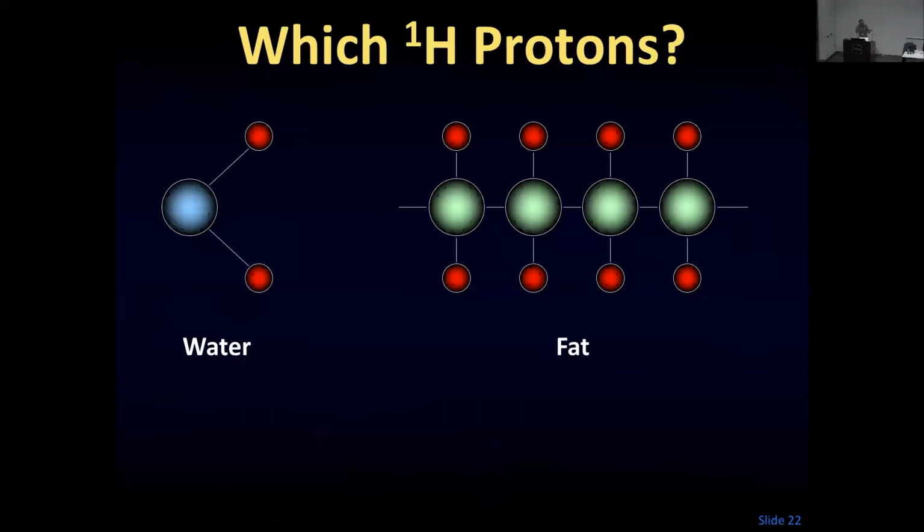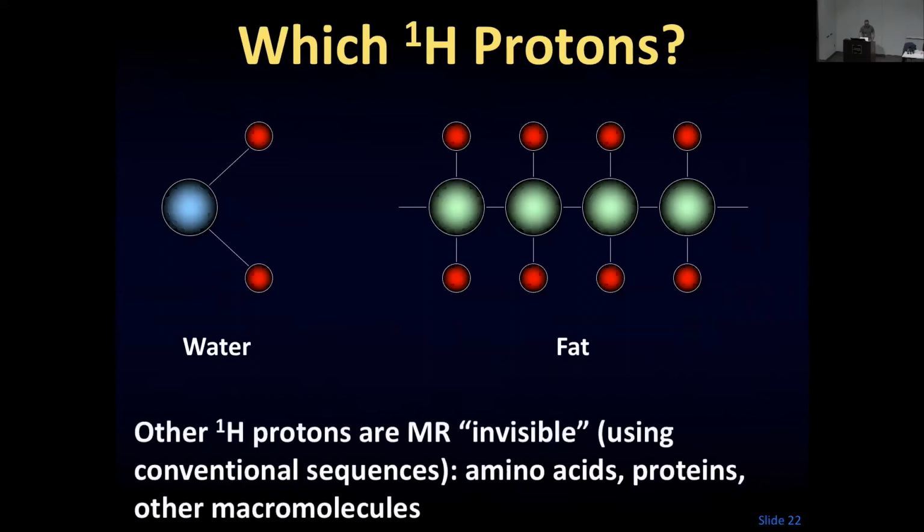And we can think of MR imaging as a water image and a fat image, and the water image and the fat image are superimposed. So when we do clinical MRI, we are doing a water fat image with the two separate images superimposed. Other protons are essentially invisible using clinical MRI techniques.